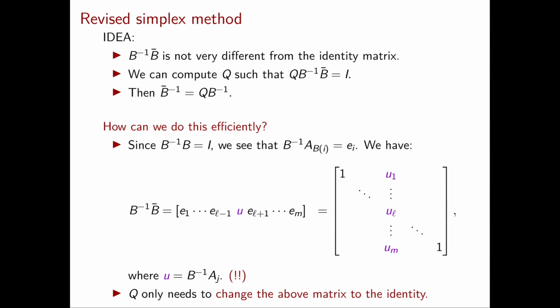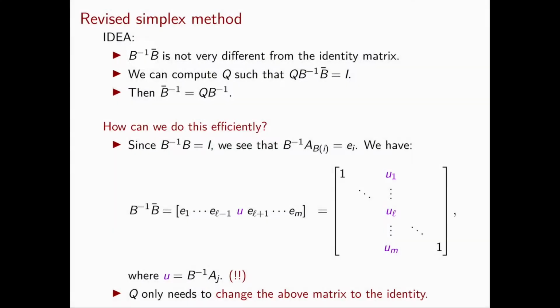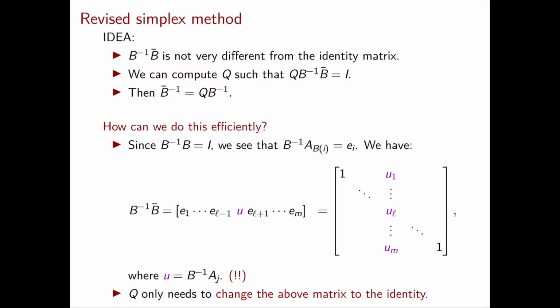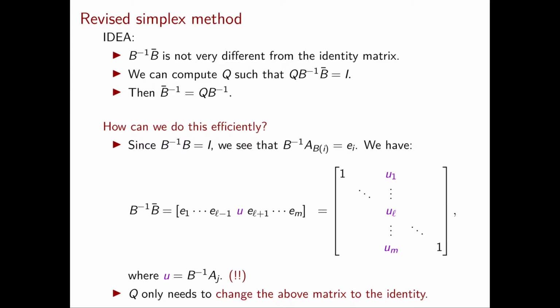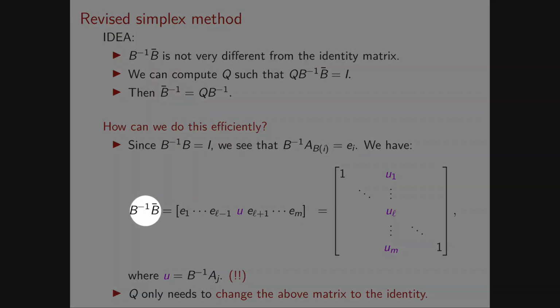So let's get back to the first step and compute B inverse B bar. Of course, B inverse times B is equal to the identity. And now, if we look separately at all the columns of B, we obtain that B inverse times ABI is equal to EI for every I that goes from 1 to m. Now we can finally look at the product B inverse B bar.